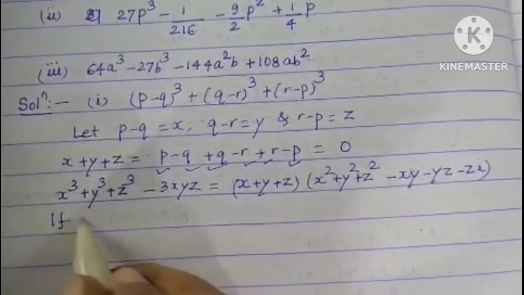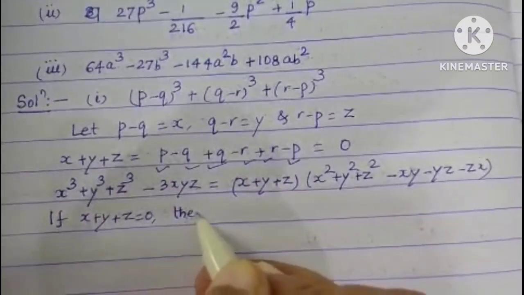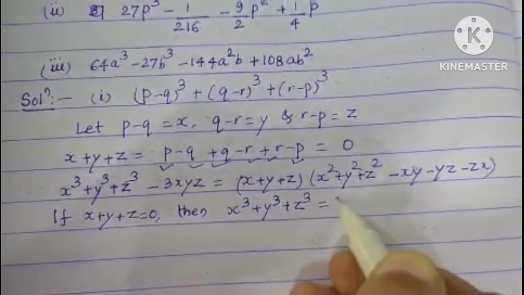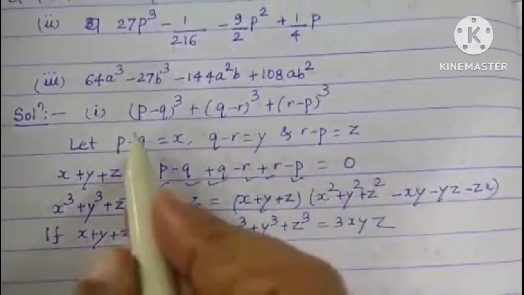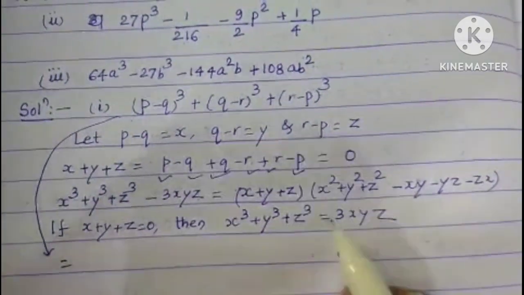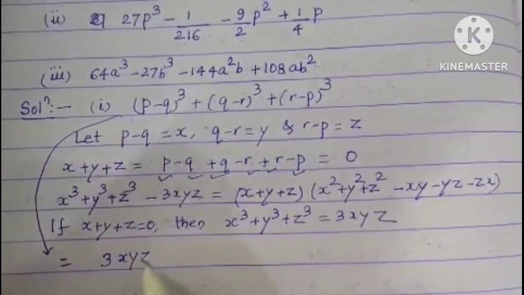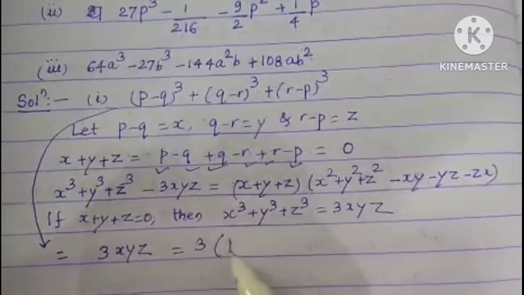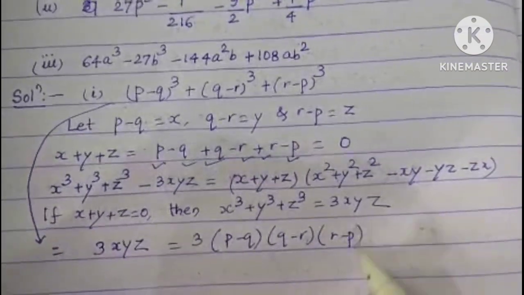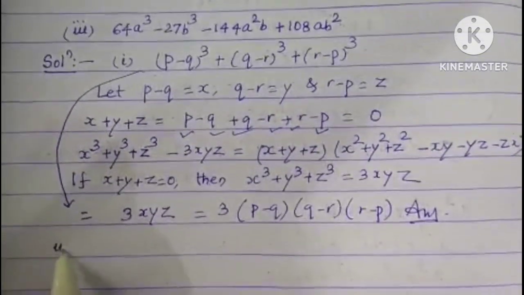But if x plus y plus z is equal to 0, then x cube plus y cube plus z cube is equal to 3xyz. So we can directly write that it is equal to 3xyz, and that is equal to 3 times p minus q, q minus r, and r minus p. This will be our answer. Very simple. Okay, let's see the second one.